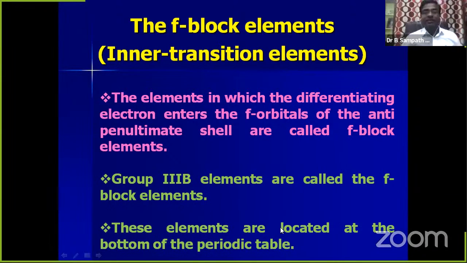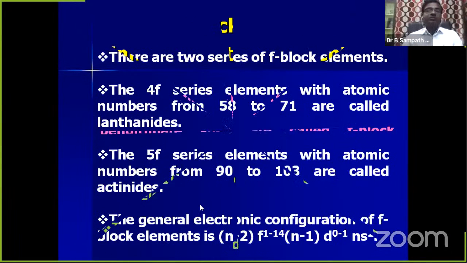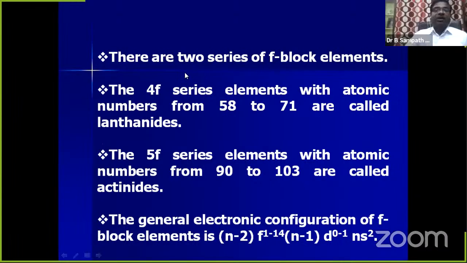These elements are located at the bottom of the periodic table. We know this very well from the starting onwards. Here, there are two series of f-block elements. The first one is the 4f series elements with atomic numbers from 58 to 71, called lanthanides. What are lanthanides, children?